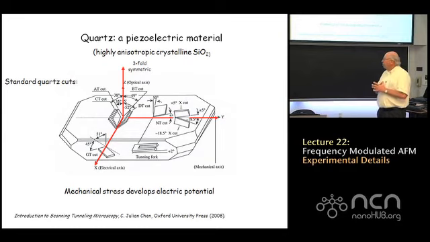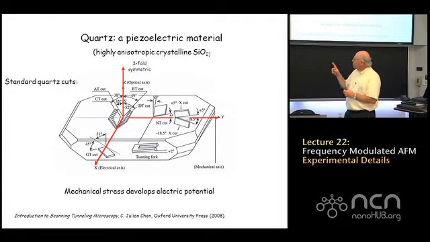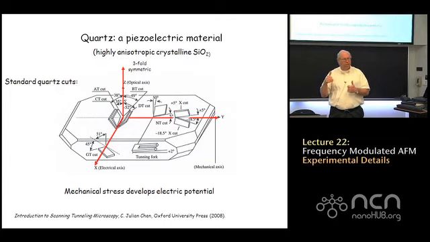So it turns out there are three important axes in single crystal quartz. One axis is referred to as the mechanical axis. In this plot, that's referred to as the Y direction. There's an electrical axis referred to as the X direction in this plot, and then there's an optical axis referred to as the Z direction.